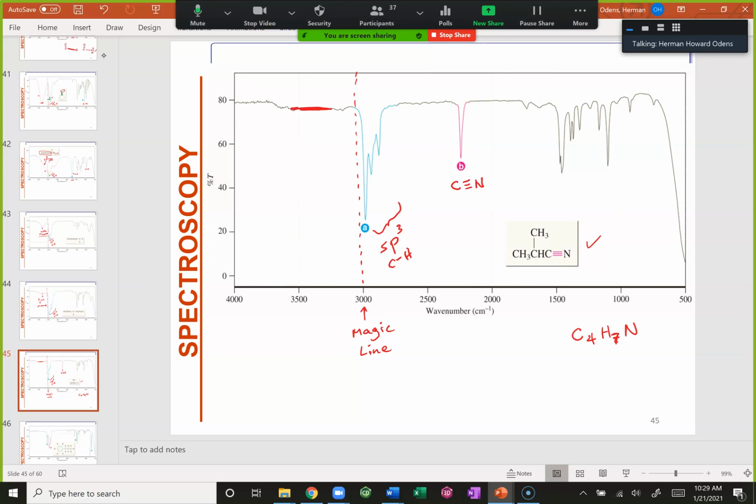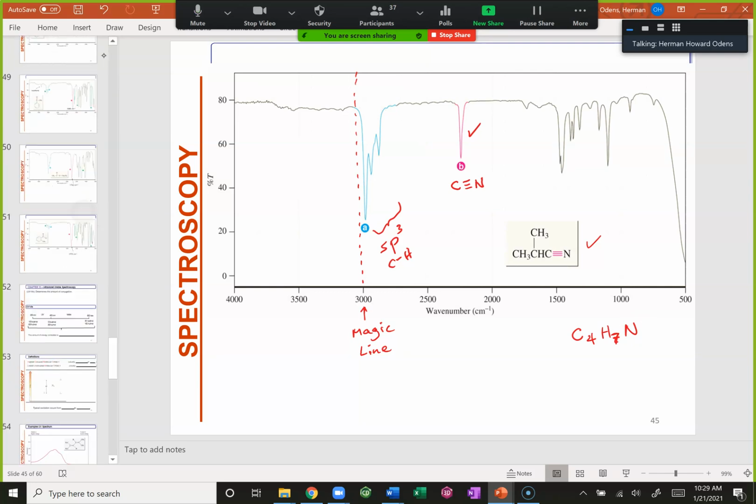Although the tertiary amine will not give you anything here because they're flat, this peak right here will tell you, okay, here you have it. You have a nitrile group, so you can disregard the possibility of a tertiary amine. See what I'm saying? Because you see that on the formula. All right. Does that make sense?